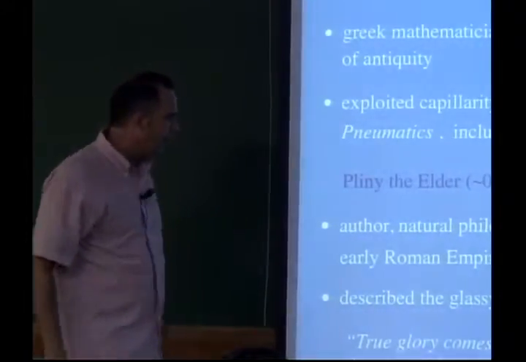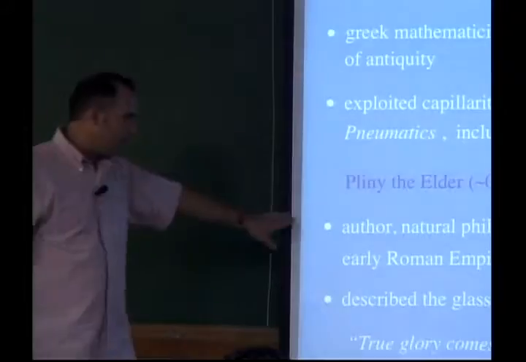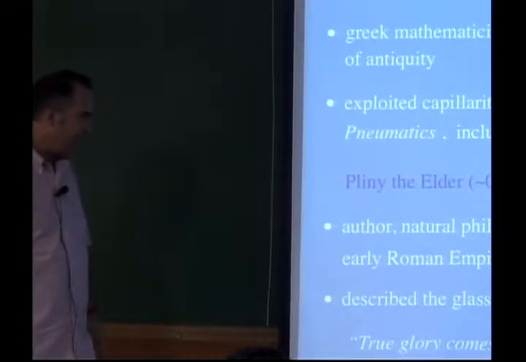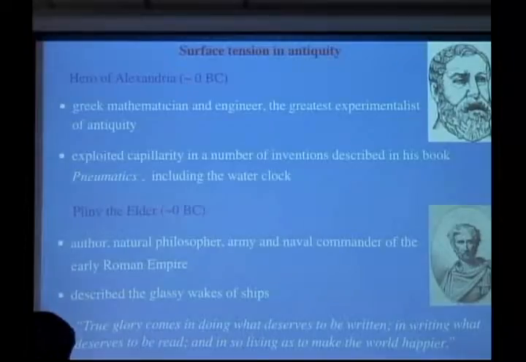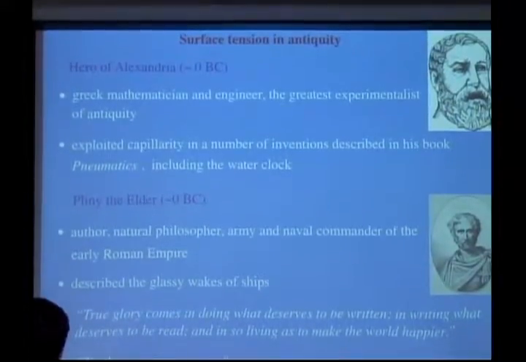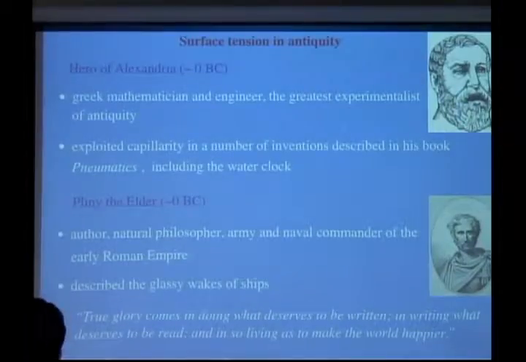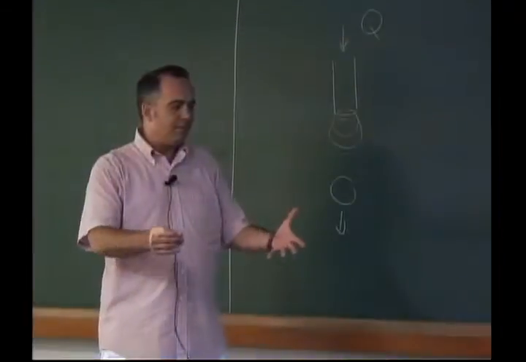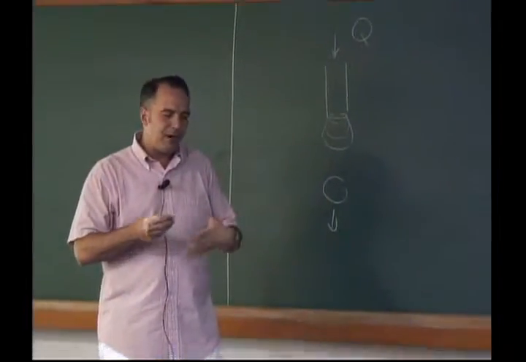Okay, and Pliny the Elder was another polymath who was good at everything, and he described the glassy wakes of ships. When you notice ships coming into the harbor, you'd see that despite waves just about everywhere, there were regions where it was completely flat. And this has to do, as we'll see, with the entrainment of biomaterial.